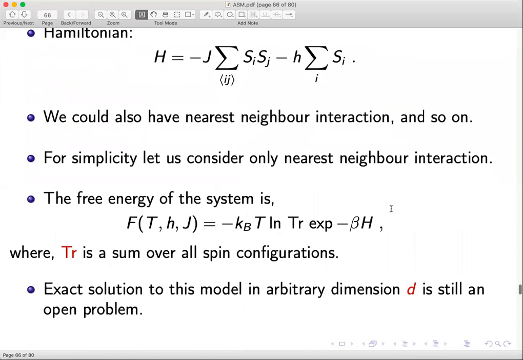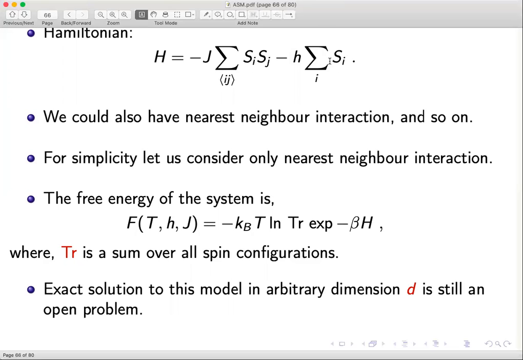Okay, fine. So the free energy of the system, of course, would be written as minus kB T times log of the partition function. And this partition function, of course, would involve a sum over all possible spin configurations. Now, unlike the earlier model where you had only the h times summation Si term, you now have this nearest neighbor interaction term also, and in that case there are many such spin configurations that are available.